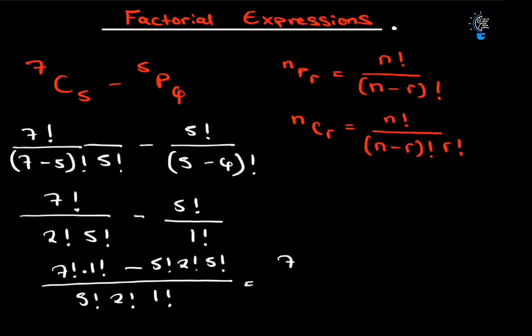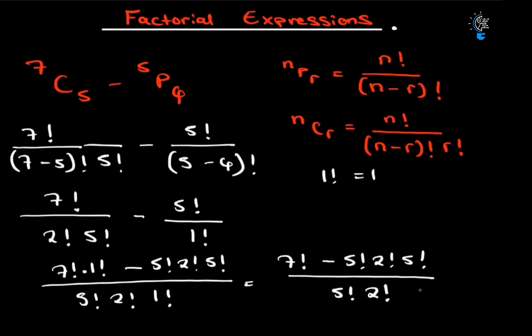This part can be written as 5 factorial. This part can be written as it is, 5 factorial, 2 factorial, 5 factorial, over, we know that 1 factorial is equal to 1, so no need of writing it. We can just write 5 factorial times 2 factorial.